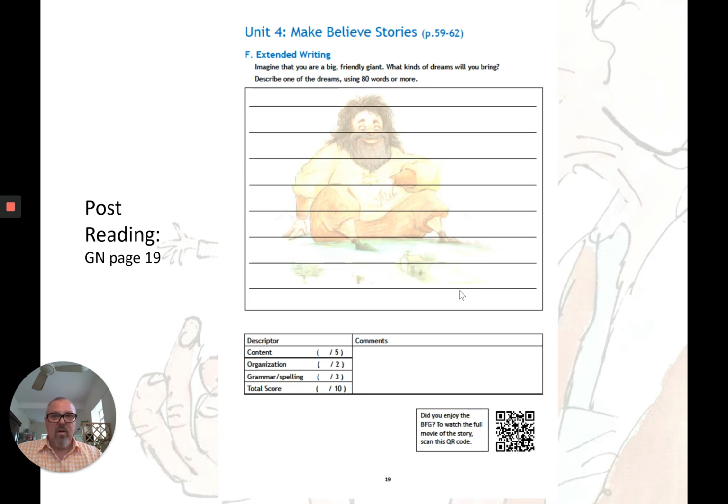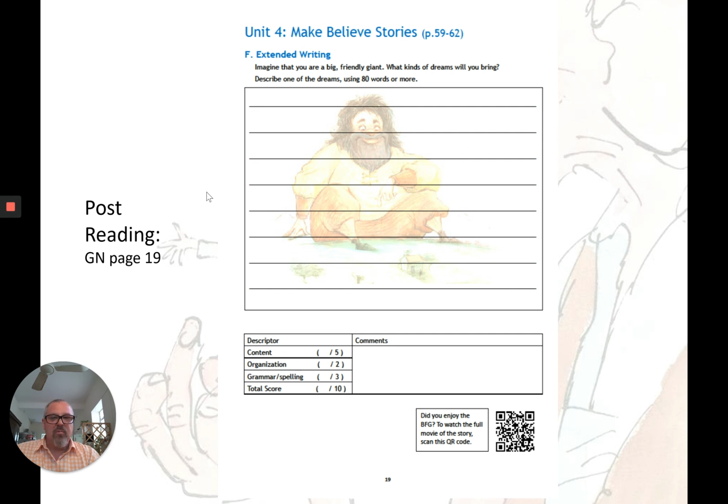Then on page 19, imagine that you are a big friendly giant. What kind of dreams would you bring? Describe one of the dreams. Would you bring dreams that teach kids some important lesson or help them to grow?